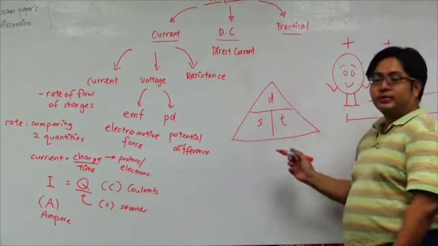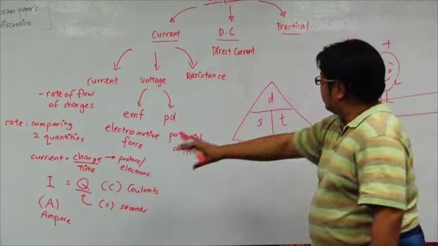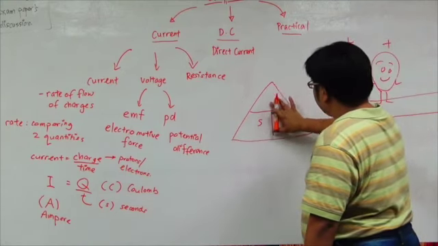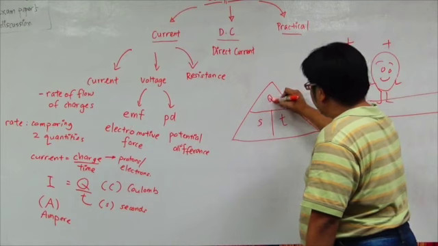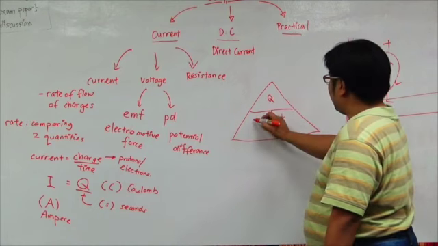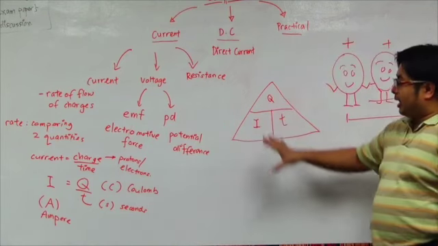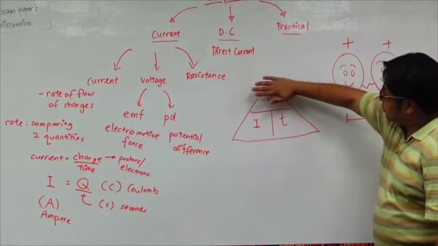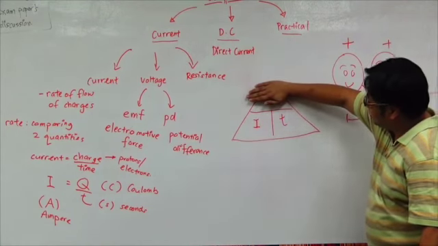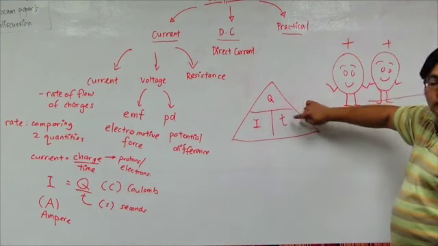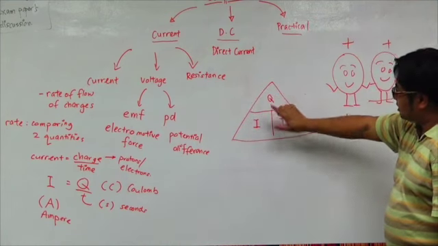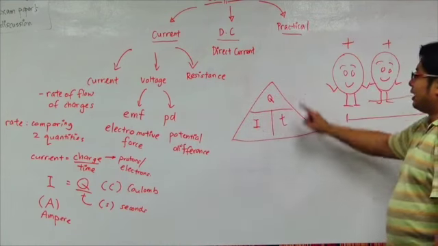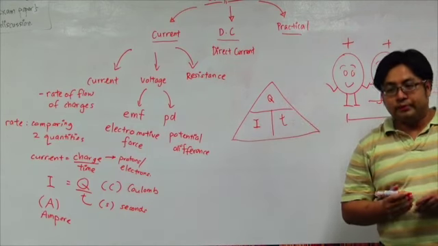So speed is distance over time. If you do this, you put Q at the top and I and T at the bottom. If you close the I, I is Q over T. If you want to find Q, you close Q, so Q equals I times T. If you want to find time, it is Q divided by I. So this triangle is very useful.